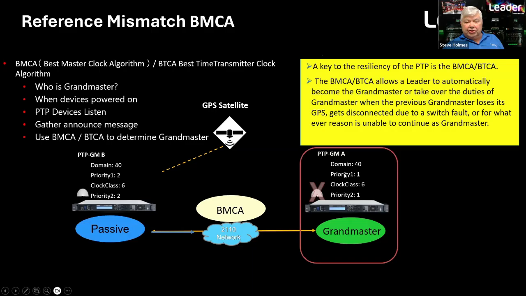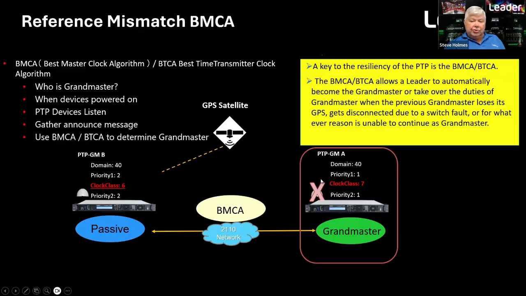And this generator with a clock class of 7 on the right-hand side is going to remain being the grandmaster. So it's really important to understand the priorities, the clock class, and how to set up a proper network and how to test that network.